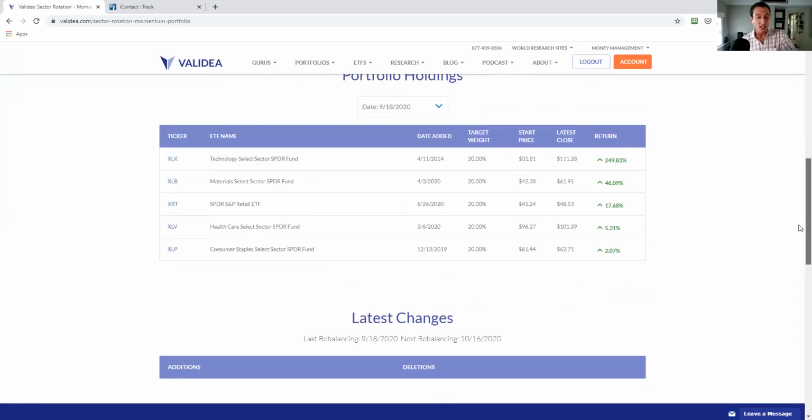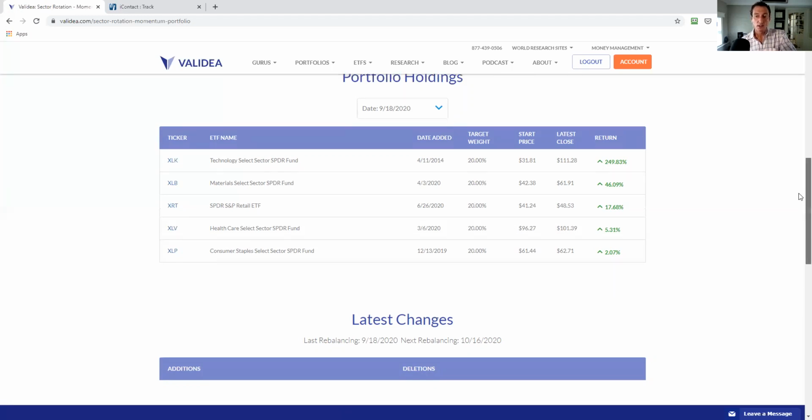We didn't make any changes as of the last rebalancing, but you have the technology select spider in here, materials spider, retail, healthcare, and consumer staples. So it's actually a nice diversified mix, but based on our momentum score, it was these 5 ETFs, each accounting for a 20% position in the portfolio, that did the best.